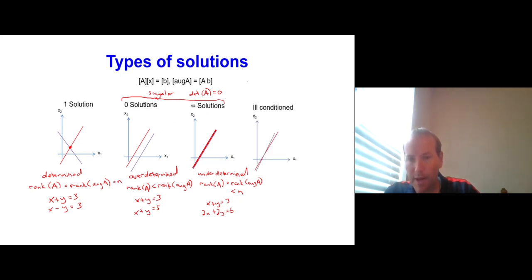And the final category is one where it's determined but just barely, where the lines are very similar to one another, and that can be very susceptible to error.